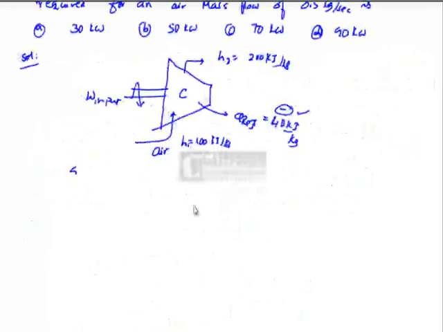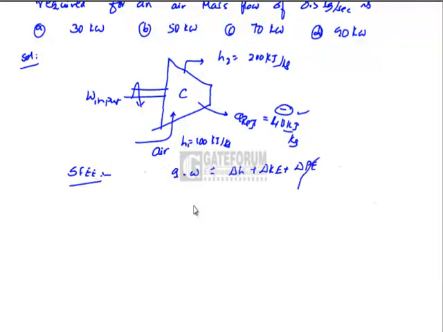the work input by writing the steady flow energy equation for this steady flow open system, that is Q minus W is equal to delta H plus delta KE plus delta PE. Changes in PE and KE are neglected. Q is equal to minus 40, minus W, that is work done per kg, is equal to H2 minus H1, that is 200 minus 100.